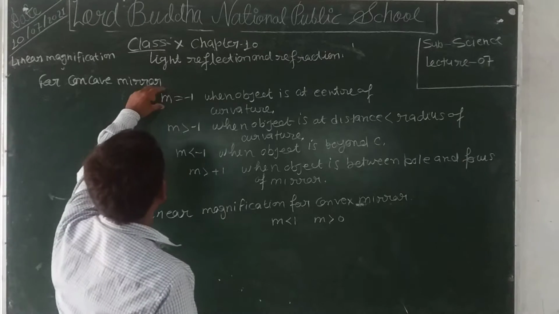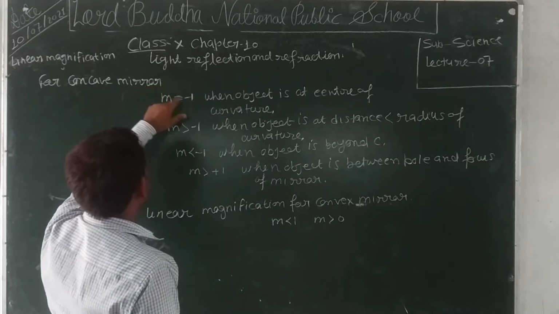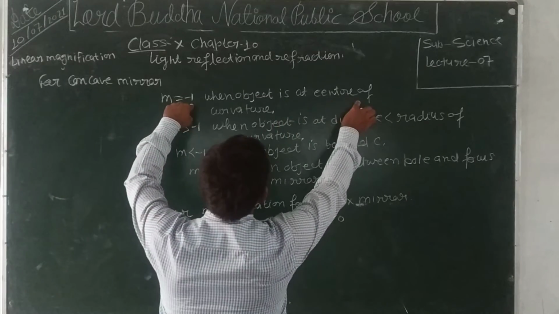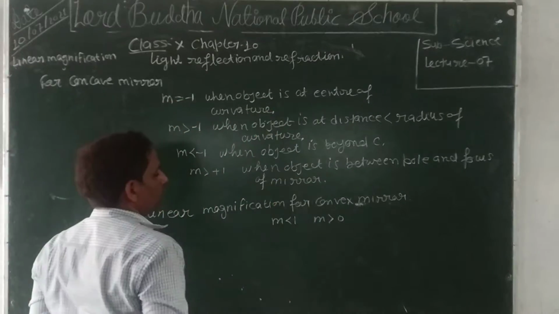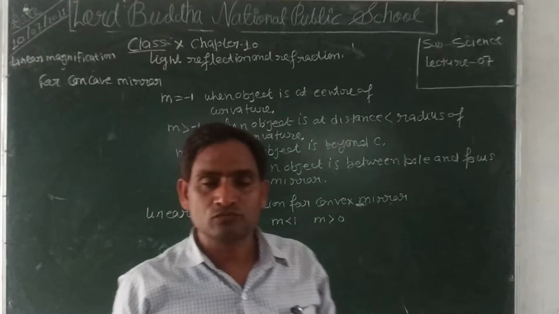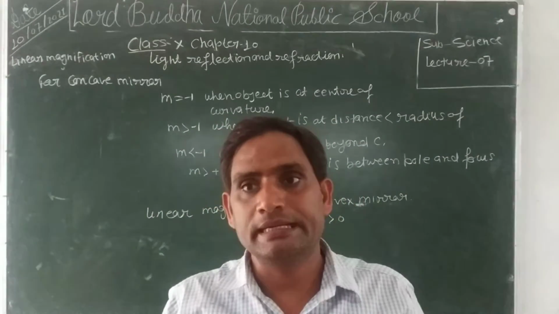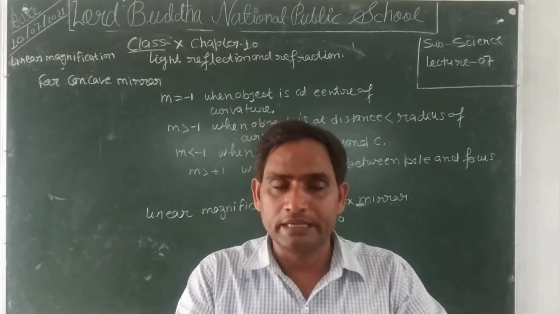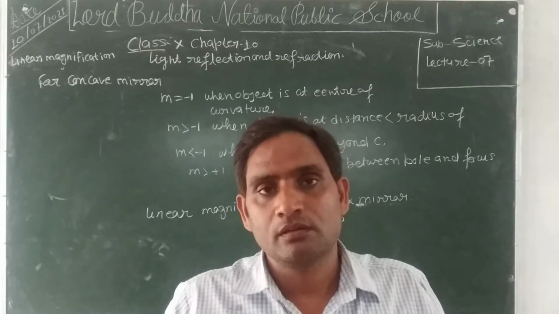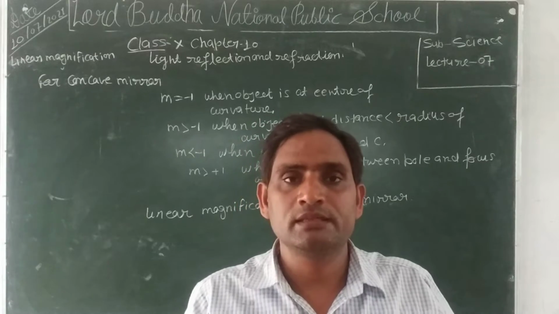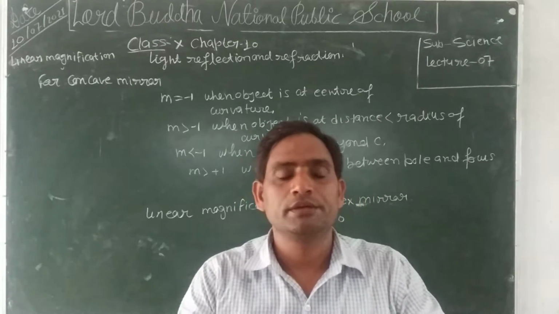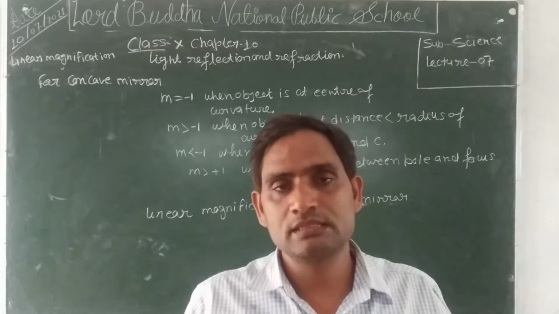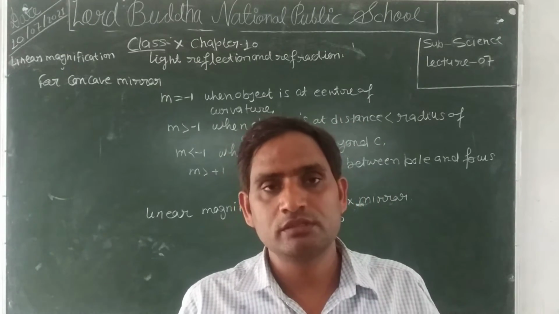The value of linear magnification m will be equal to -1 when the object is at the center of curvature, because we know that when the object is at the center of curvature of a concave mirror, the image formed is real, inverted, same size and at the center of curvature.